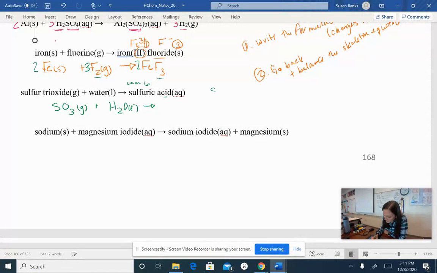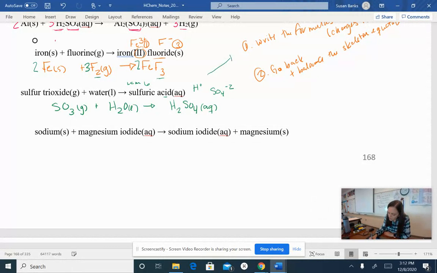Did you find it? SO4 -2. So if hydrogen is a +1, how many hydrogens do I need to put on there to match that -2 charge? Did you say 2? H2SO4, and this is in the aqueous state, or dissolved in water. Okay, so there's our skeleton.